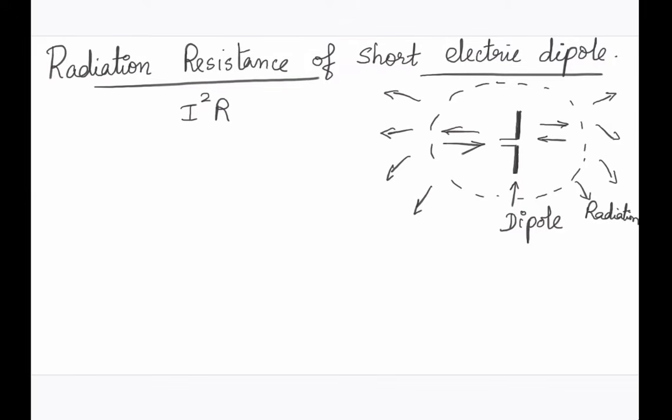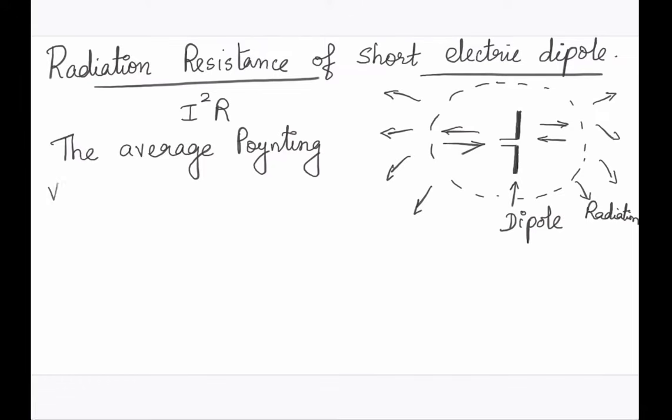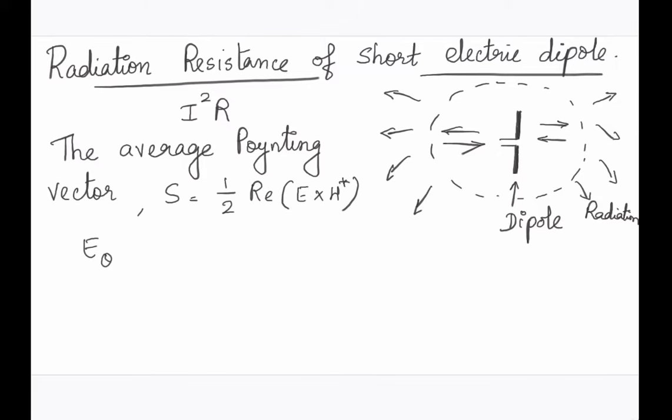In order to find the Poynting vector, the average Poynting vector is given by the general formula S is equal to 1 by 2 into the real part of E into H conjugate. Now when we consider the far fields, basically the far fields are E theta and H phi.